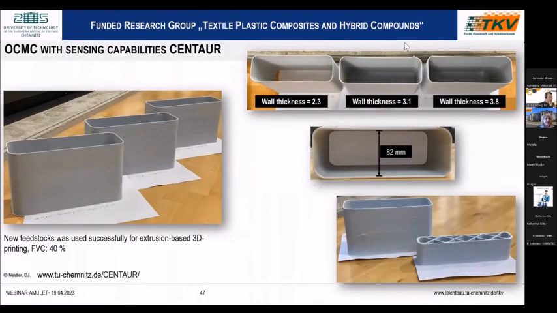Here are some pictures of our first printed parts with a new feedstock, short fiber reinforced, also already with ribbing on the right hand side below. You see this, and now we are trying our hand at continuous fiber reinforcement with our extrusion tool, which is feasible with our printer, I have said.